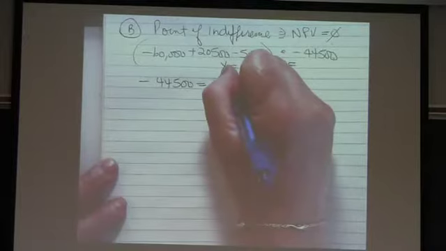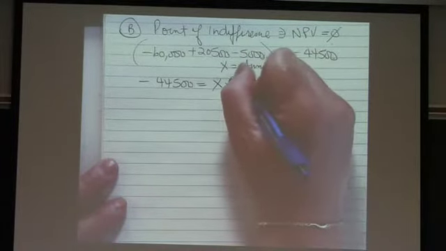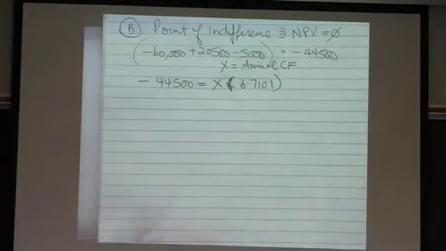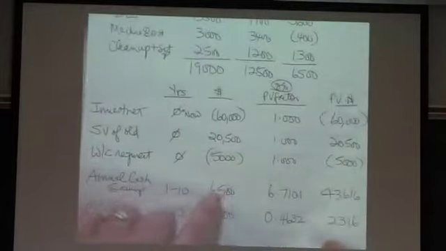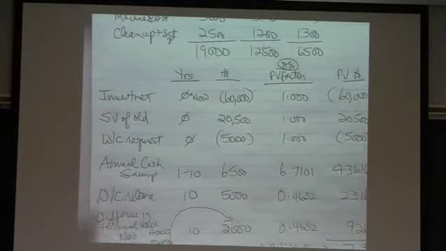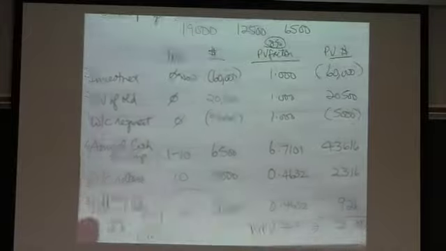So X times the present value factor of 6.7101, right? So that's this one. So we want to know what this is, X. Now, these two are not going to change because the working capital release and the difference in terminal value are going to remain the same.